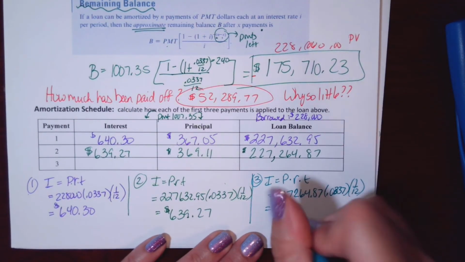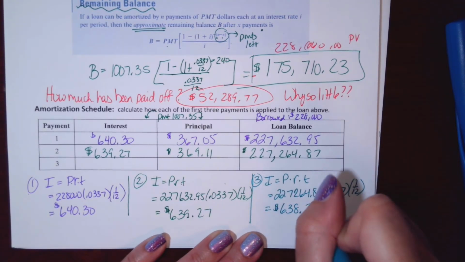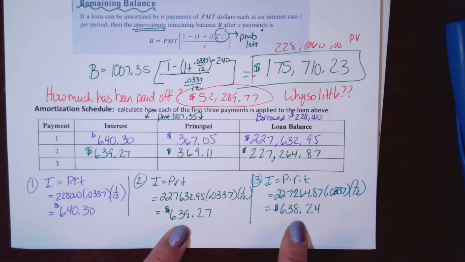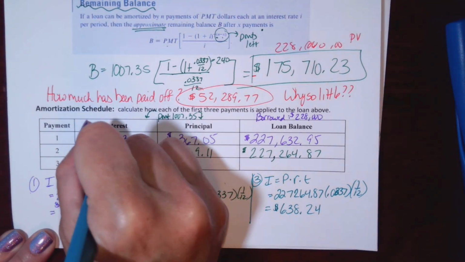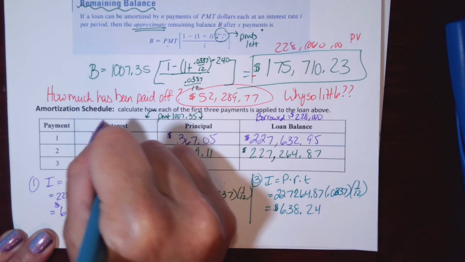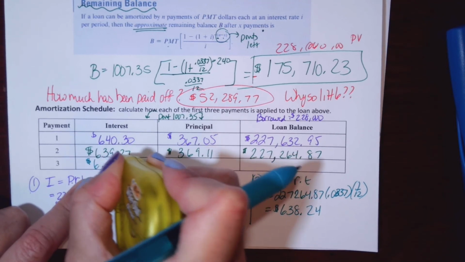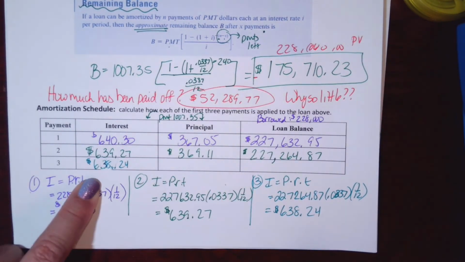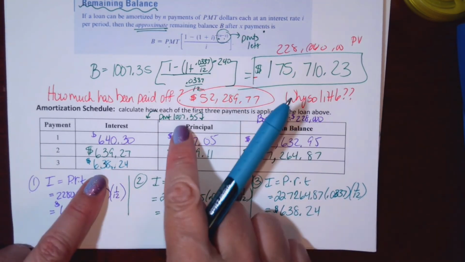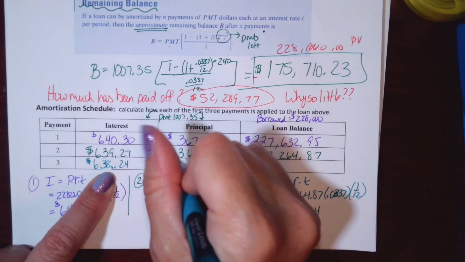When I multiply that through, I see that this third payment, $638.24, goes to interest, so about $1 less again goes to interest. Out of the same monthly payment, sorry guys, I made that really sloppy, the difference between my monthly payment and interest gets applied to the principal.